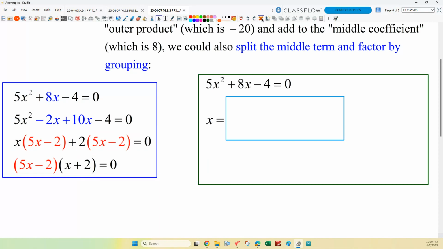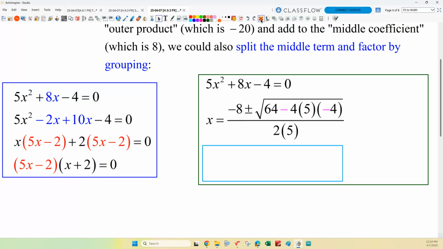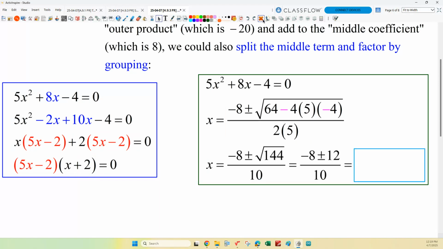Or take your pick. A is 5, B is 8, C is negative 4. Just plug and chug in the quadratic formula. And I mean, there's just a little bit of computation there. 64 plus 80, that's 144, right? The discriminant's 144. Square root of 144 is 12. And so either way, I'm going to get two solutions. If I take the plus sign, what do I get? 4/10.